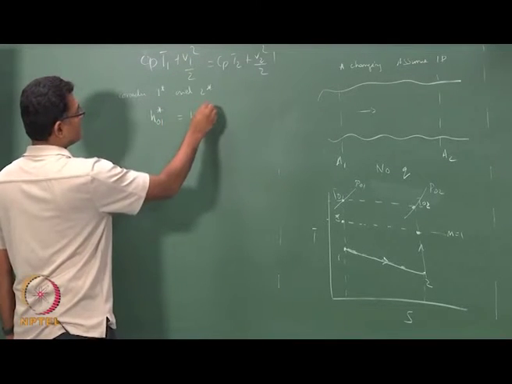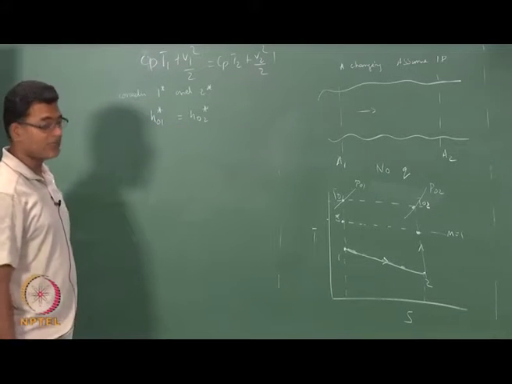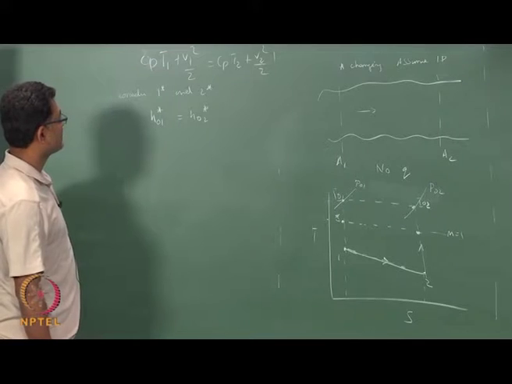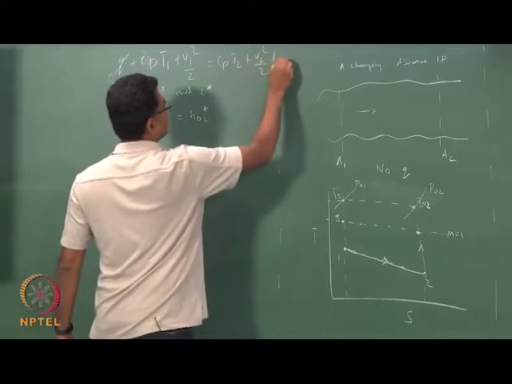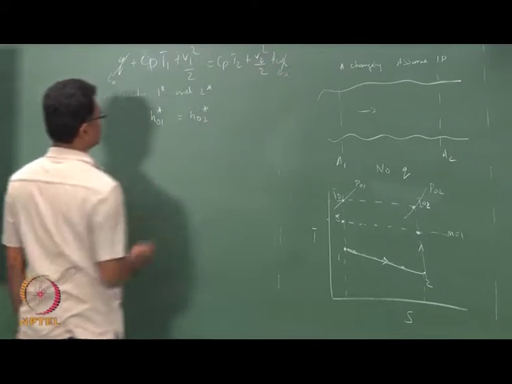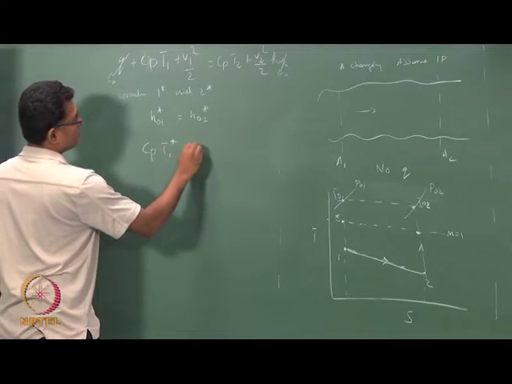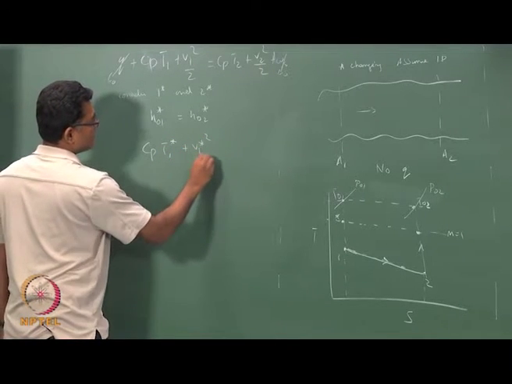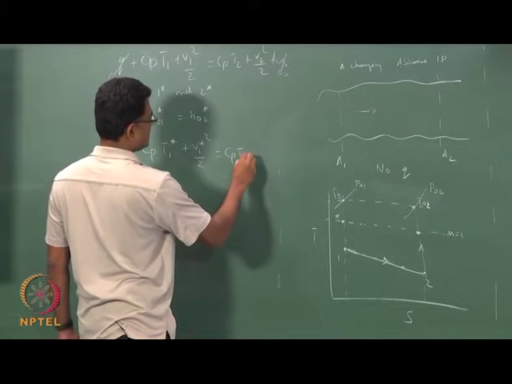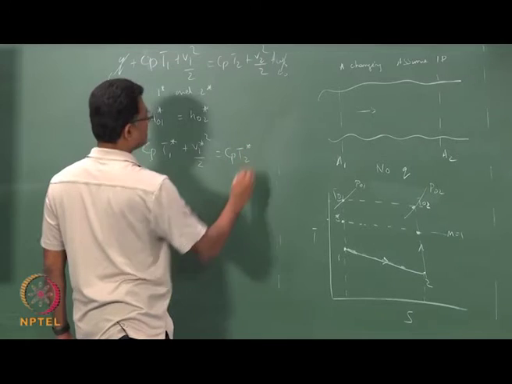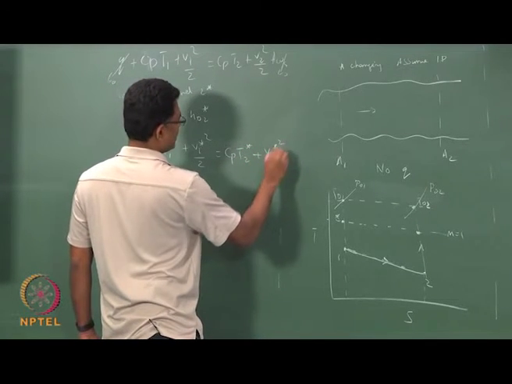What I have written here, if I substitute the star values, it is the stagnation enthalpy equating, because the Q here is 0, the W here is 0. So, I can write Cp T1 star plus V1 star square by 2 equals Cp T2 star plus V2 star square by 2.